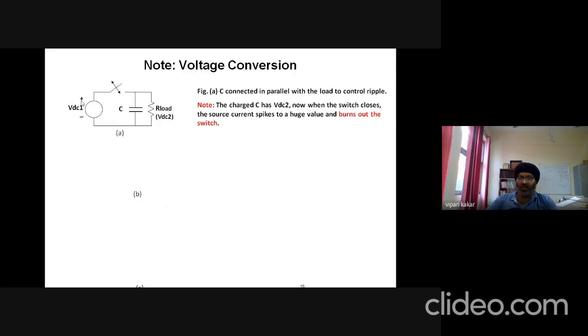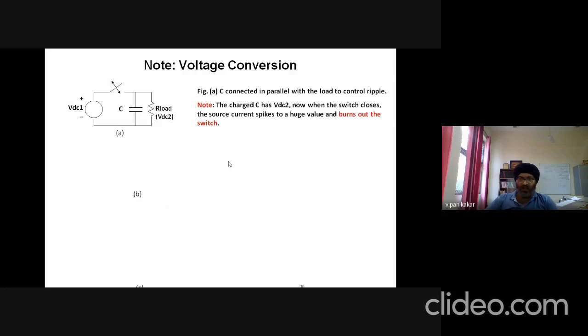The voltage from the voltage source is applied instantaneously at the switch, but the capacitor voltage is not applied instantaneously. Due to this huge difference, we can have a spike, and if it goes beyond the rating of the switch, it can burn out the switch.